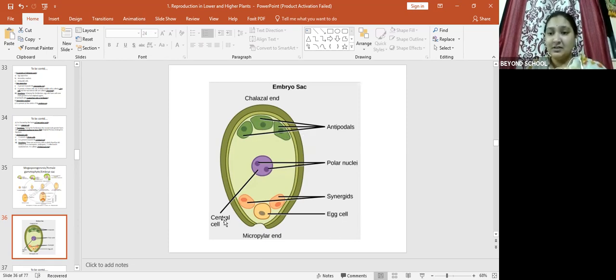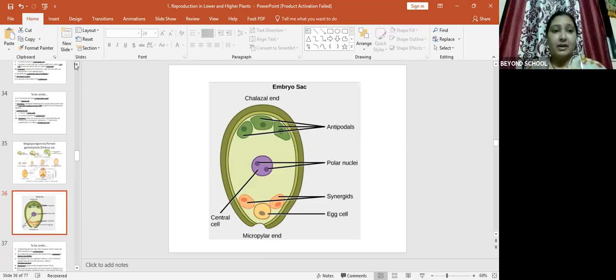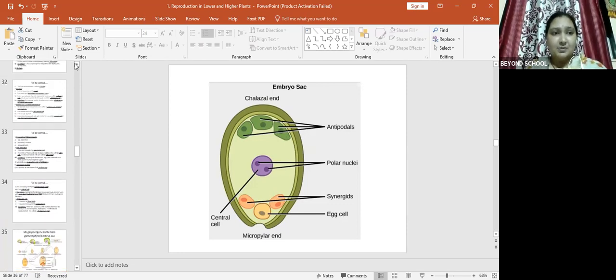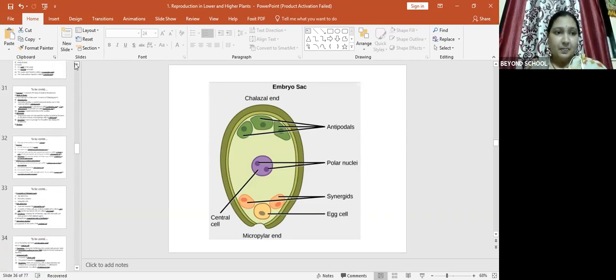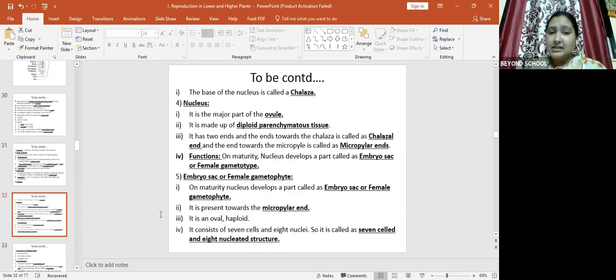Understood, Siddhant? Yes, ma'am. Now this is a proper diagram of our embryo sac. When the nucellus develops, we call it the embryo sac, or female gametophyte. The pollen tube enters from the micropylar end, which is towards the downward direction.